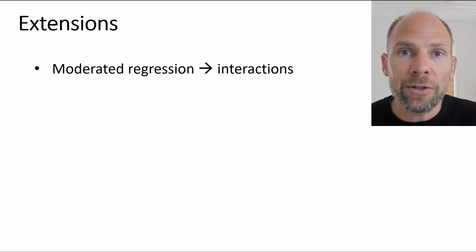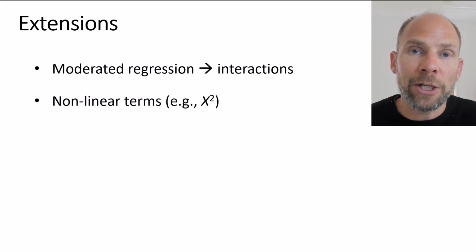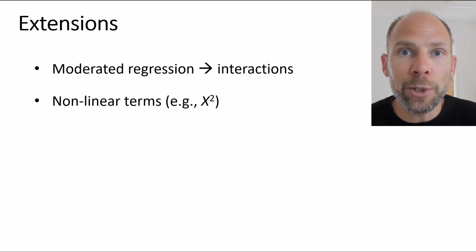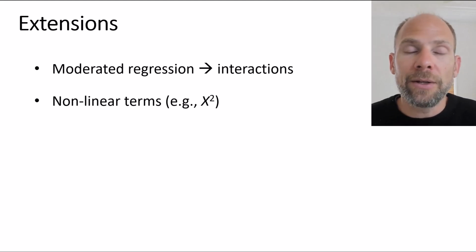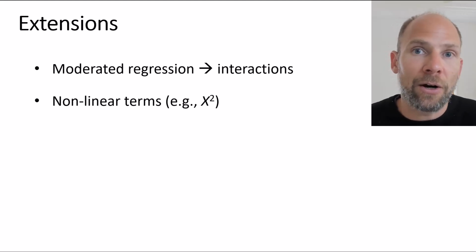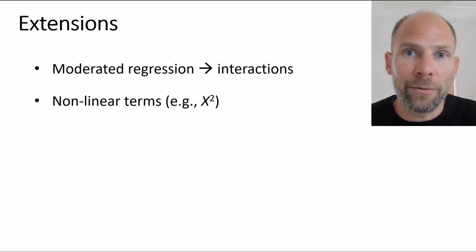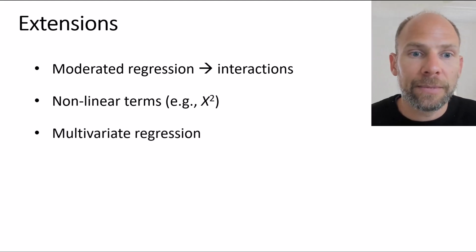That can also be done, and we can have nonlinear terms in the regression. If you have, for example, a U-shaped or inverted U-shaped relationship between a predictor and the outcome variable, you can include an x-squared term in your regression model to model such nonlinear relationships. And there are also other terms that you could include, such as x-cubed, for example.